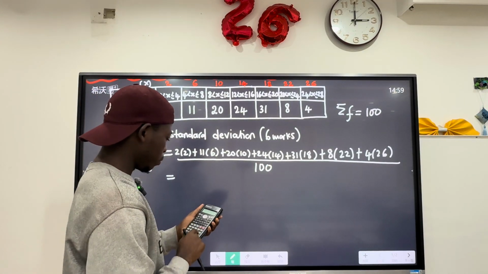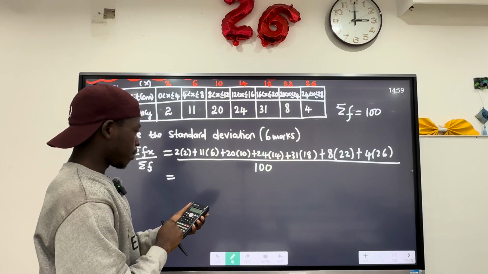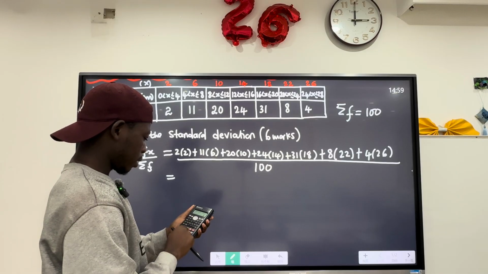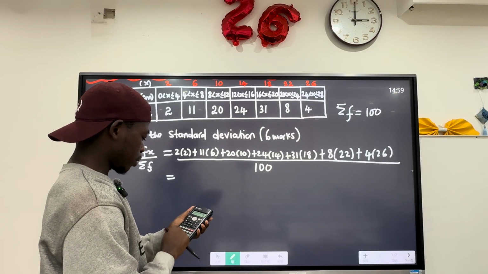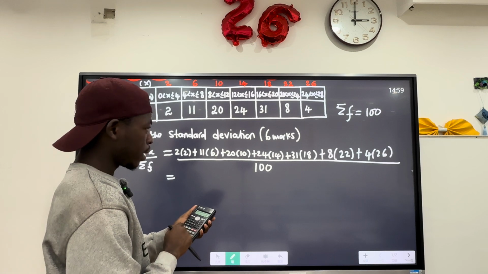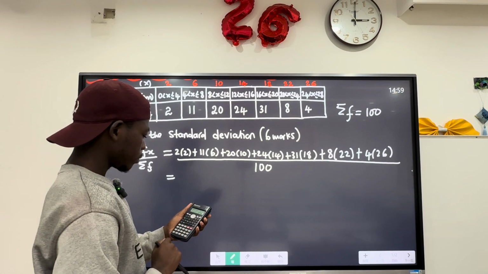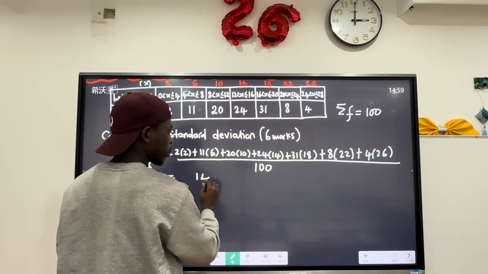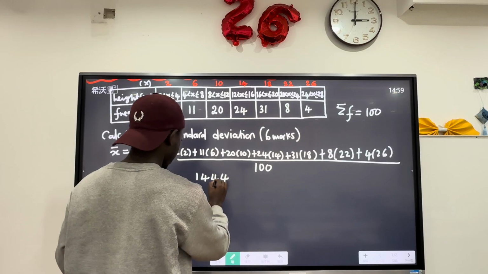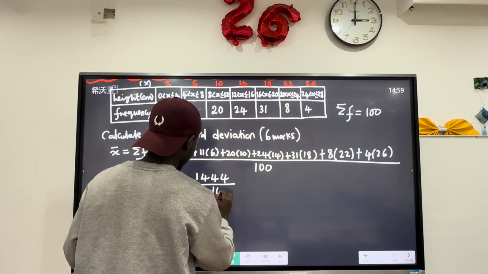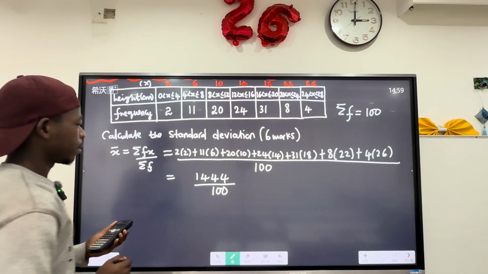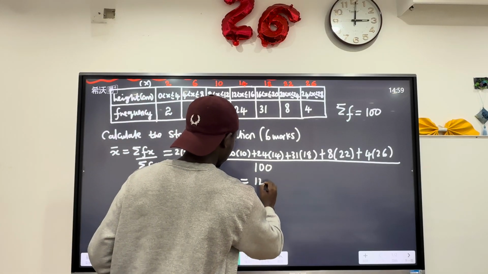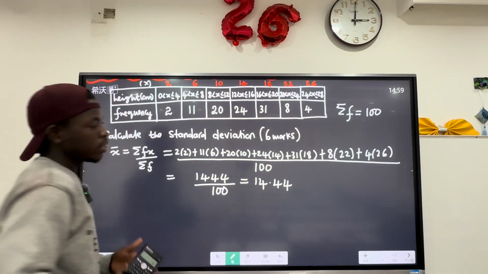Then plus 24 multiplied by 14 plus 31 multiplied by 18 plus 8 multiplied by 22 plus 4 multiplied by 26. When I multiply everything here, I'm getting 1444. Then everything should be divided by 100, so our mean will be 14.44. So this is the mean.